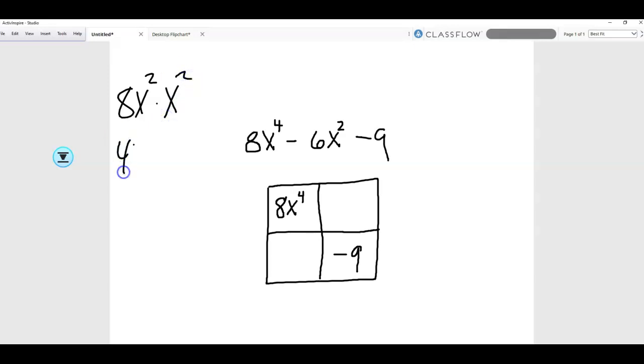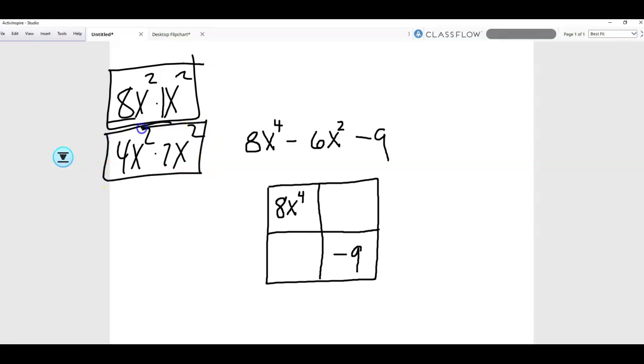Or maybe you decided you want to do 4x squared times 2x squared. Okay, those are really your only two possibilities. Now, this is the more extreme case where you have a really small number and a really big number. And as I told you guys, it's pretty rare that they'll go with the extreme ones. So let's start with the more chill ones.